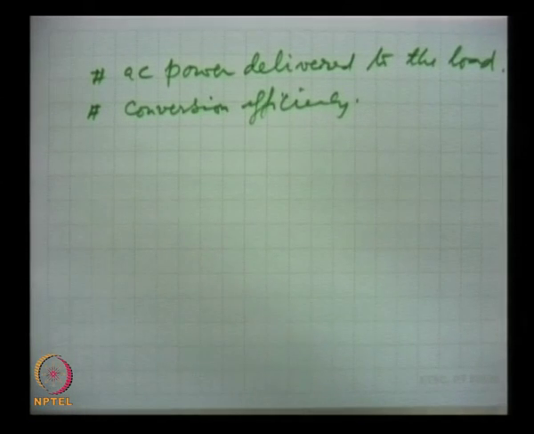And now, how are the devices and circuits of power amplifiers different from a small signal amplifier? When we say that the amplifier is supposed to deliver large power, that means the device, the transistor, should be capable of handling that much power.